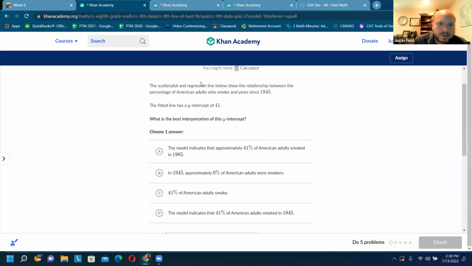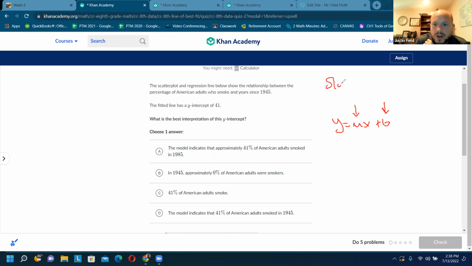Okay, so you're going to learn about graphing lines in slope-intercept form in 8th grade. And that's y equals mx plus b. That's the formula. It's called slope-intercept form. And b is the y-intercept.